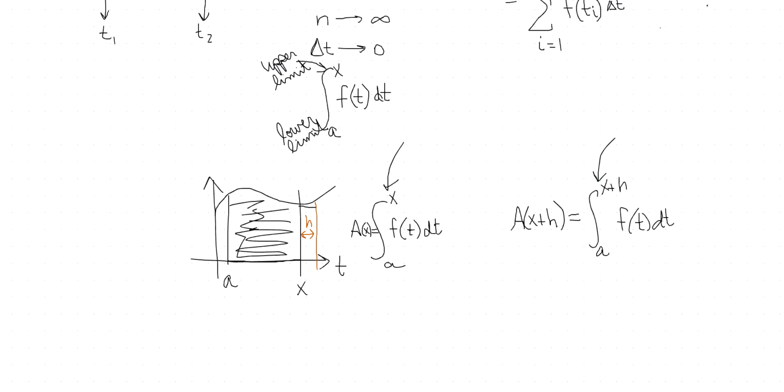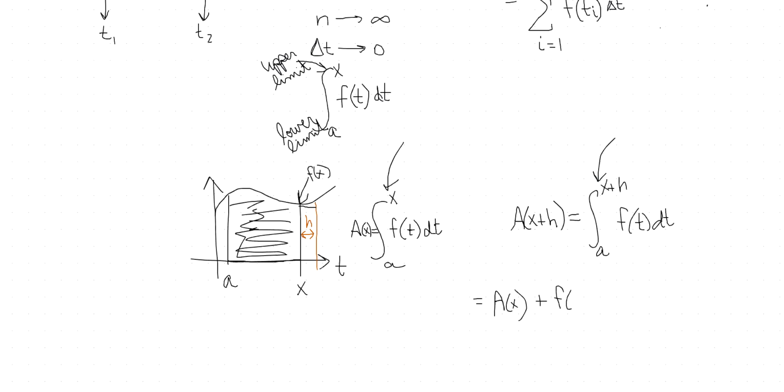That's the height of that rectangle on the left side, times the width of h. So I'm going to write a of x plus h as the original a of x, that's the area to the left of the h, plus this small rectangle we just identified, f of x times the interval h.